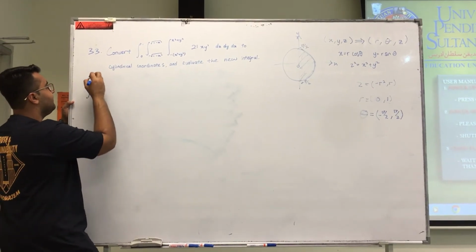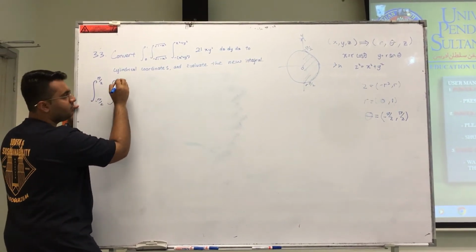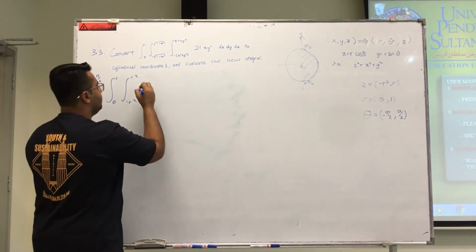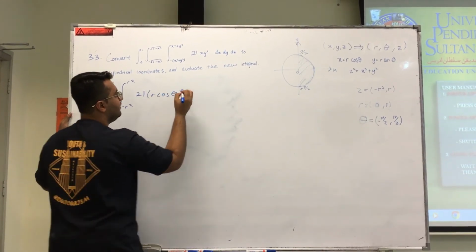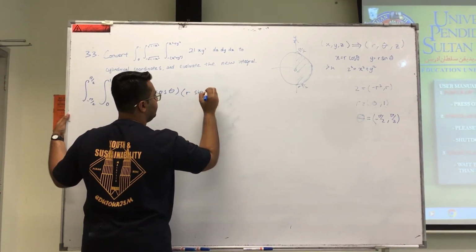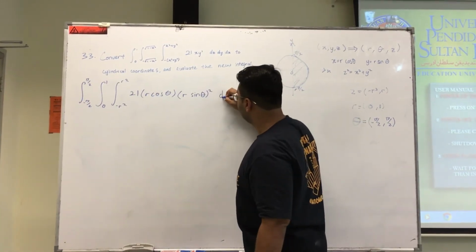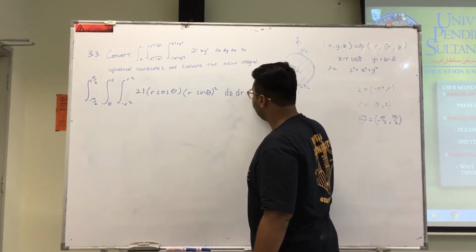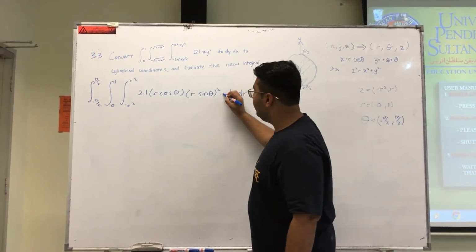So the first one is pi over 2, negative pi over 2, 1, 0, r square, negative r square, and 21, x is r cos theta, y is r sin theta square, and here, starting from here is dz dr d theta, and when we integrate here, we need to multiply with another r here.